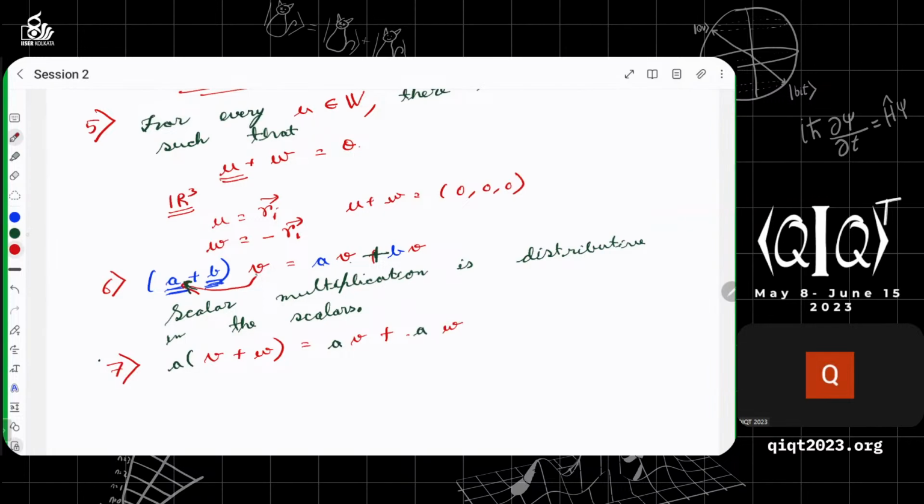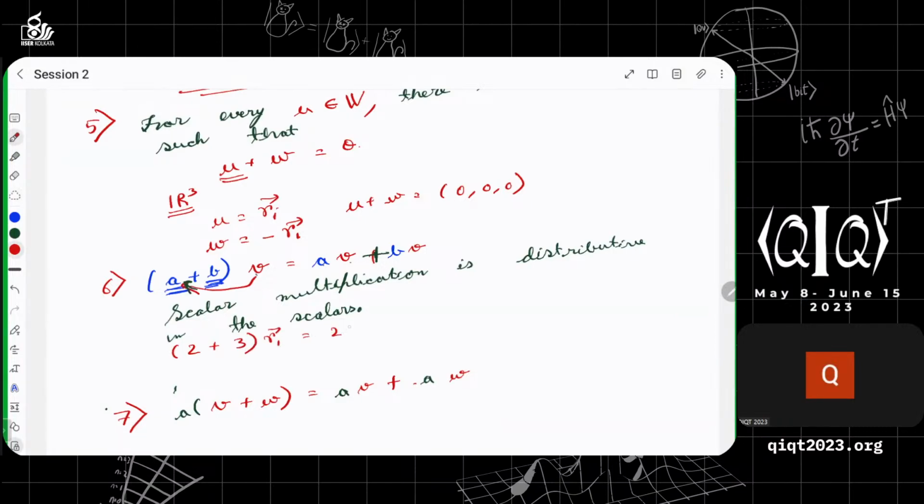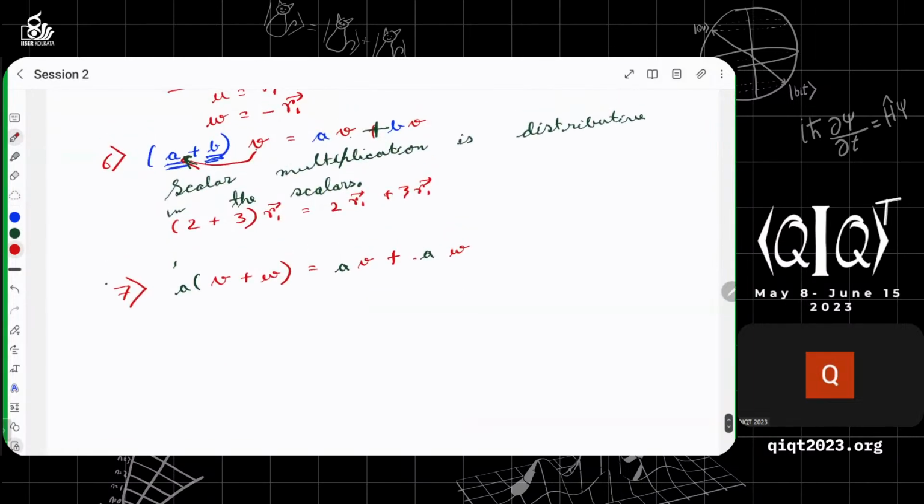So again, I forgot to give the example in R3 for the last one. So let's say something like 2 plus 3, which are scalars, times R1 vector. So it would be 2 R1 vector plus 3 R1 vector. So this is what this property says.